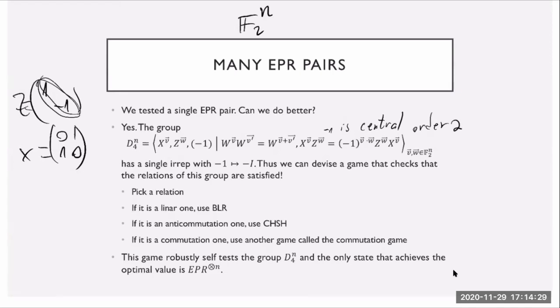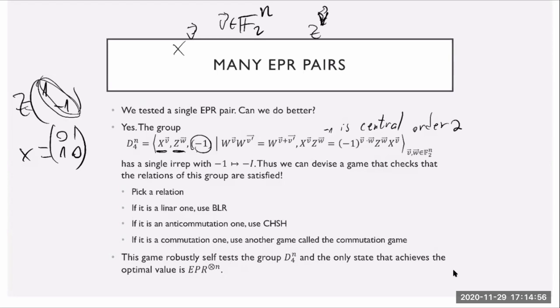I call one of them X to the v for any v in F2 to the n, and the other Z to the w for any w in F2 to the n. So these are the X to the v and Z to the w here. And there's a single element, an order 2 central element, that I'm calling -1. And I will ask you to send -1 to -1.